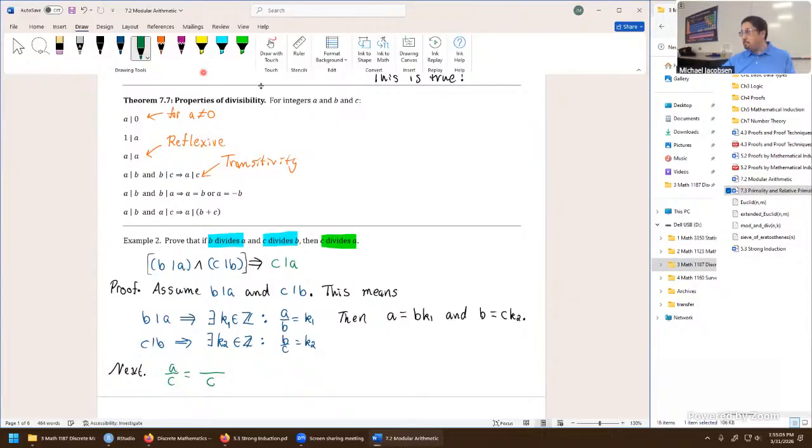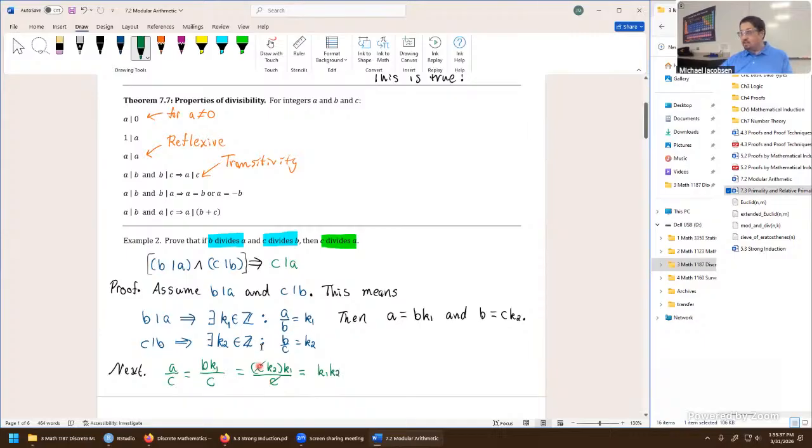If C divides into A, we can make a substitution here. A is equal to B times K1. So there's one substitution in for A, but we have another equation for B, so we can make yet another substitution. This means in place of B, we can put C times K2 times K1. And ordinary operations on arithmetic would say, well, the C's cancel. We get K1 times K2.